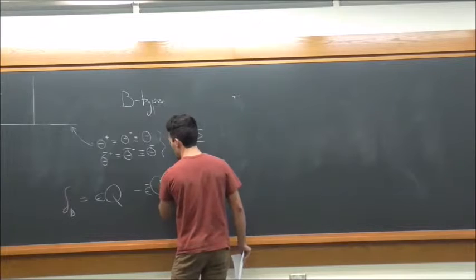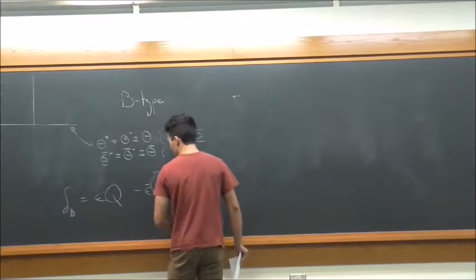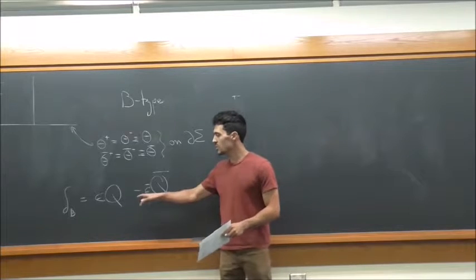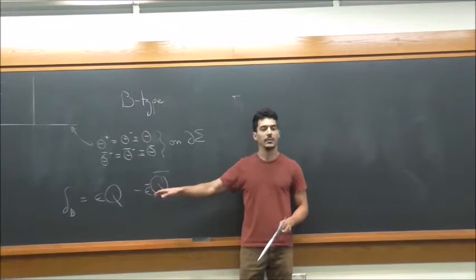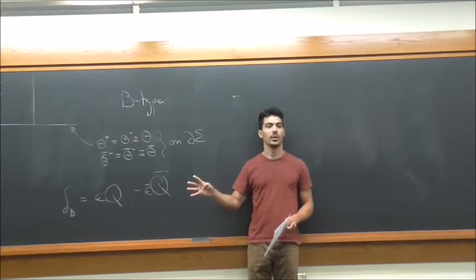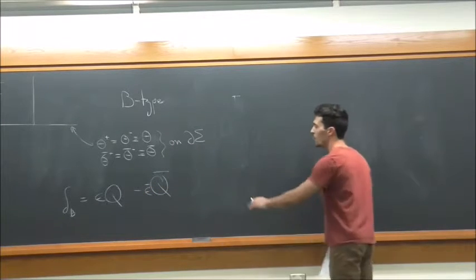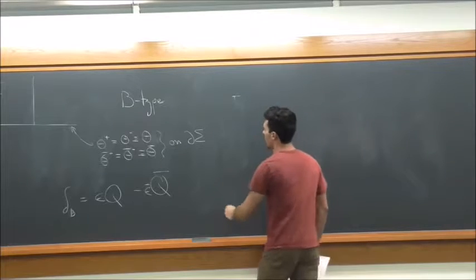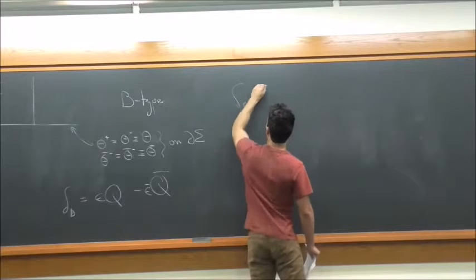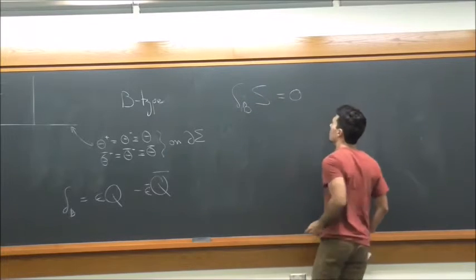We won't use it explicitly, so I won't write it completely. There are a Q and a Q bar, which are diagonal linear combinations of the 4 generators that you have in the 2,2 theory. We don't need to know explicitly what they are. I just leave it like that. And we demand that delta B of the action is 0.